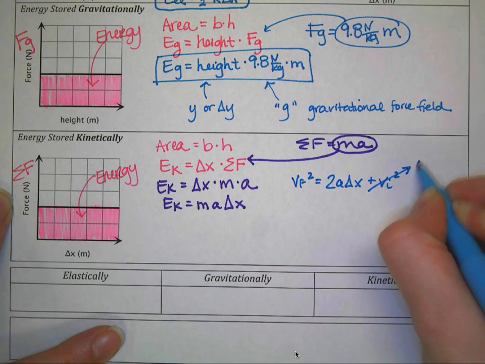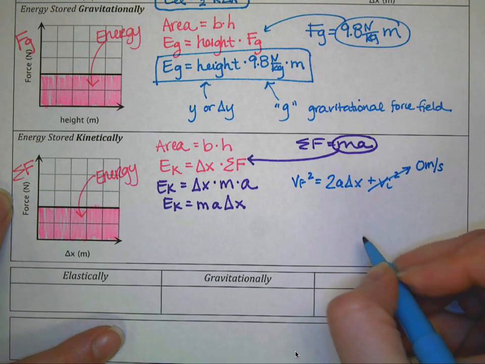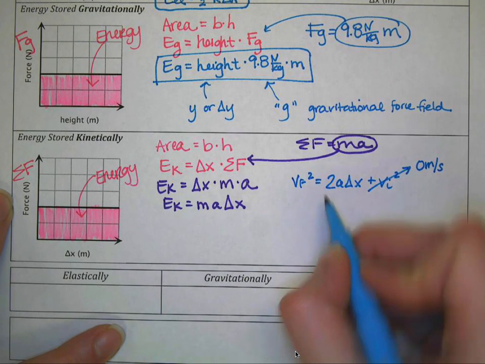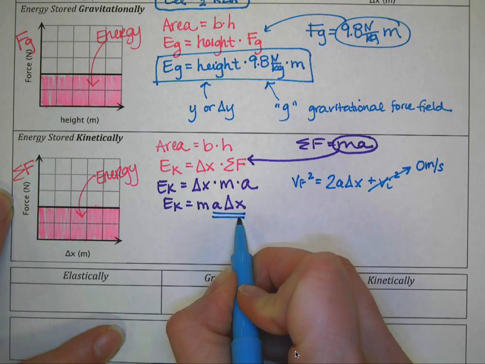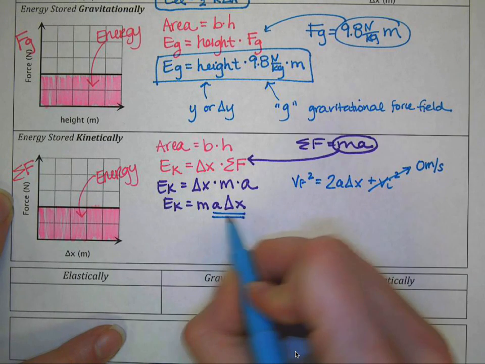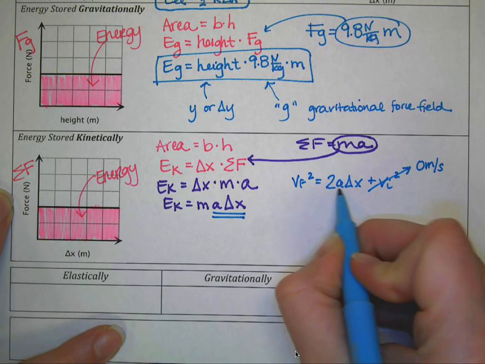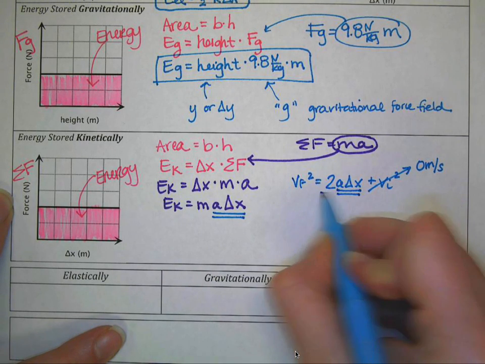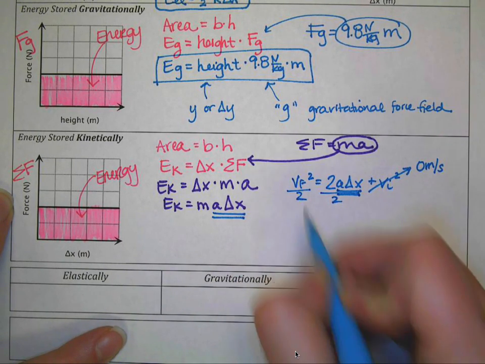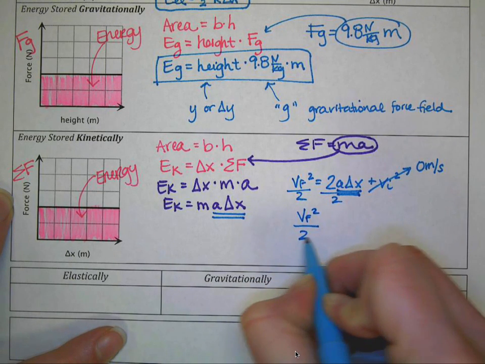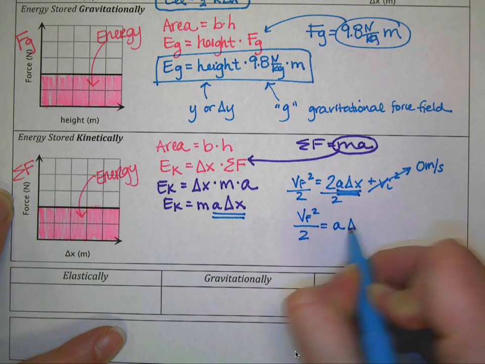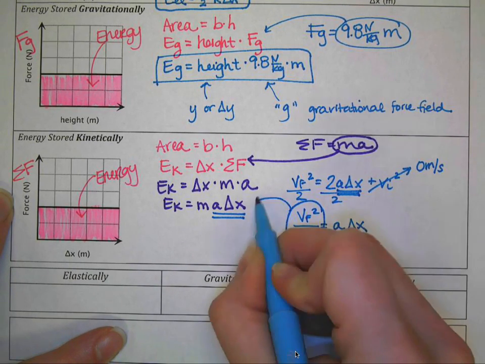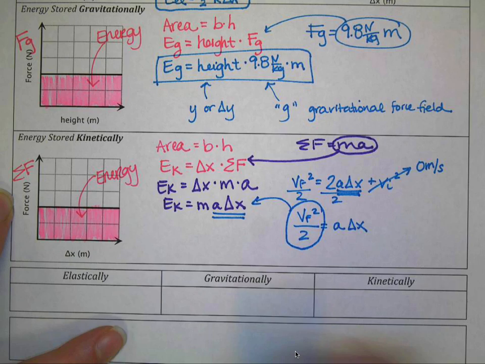Assuming that our initial velocity was 0, that drops that term, and we're left with Vf squared equals 2a delta x. Well, as we're in the mood for substituting, if I want to substitute in something for a delta x, I have to solve for a delta x. That would require me to divide both sides by 2. So Vf squared divided by 2 equals a delta x. I can then plug in Vf squared over 2 for a delta x.